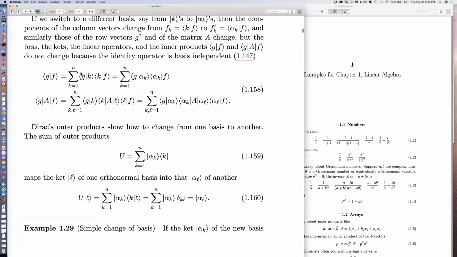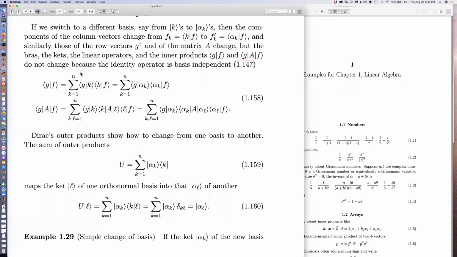All right, here. You see, if you change the basis, as we've seen here, you still get the same number, the same inner product. And to go from one basis to another, well, this is a unitary transformation.